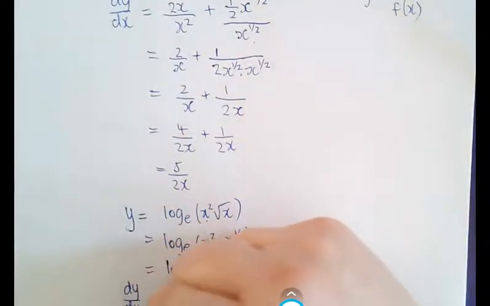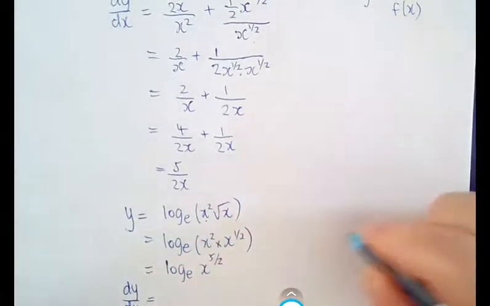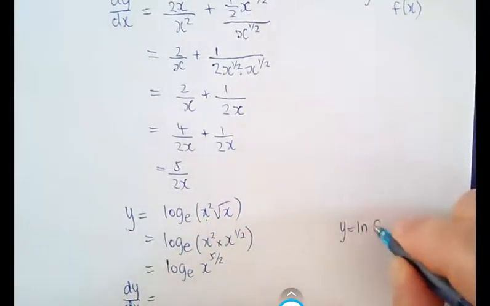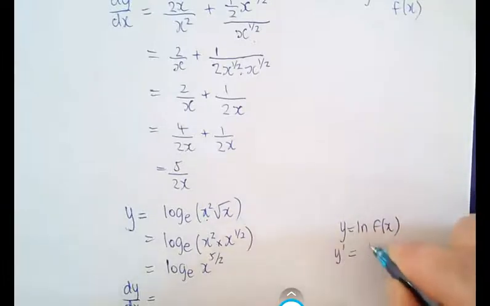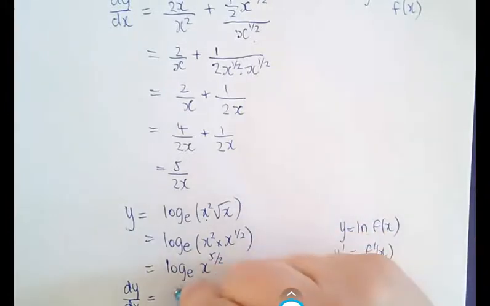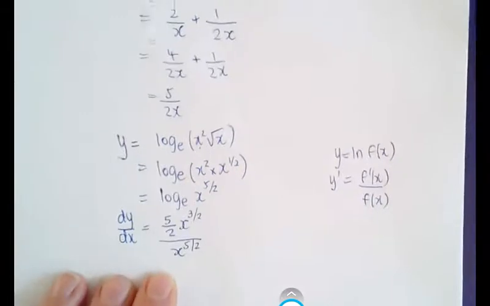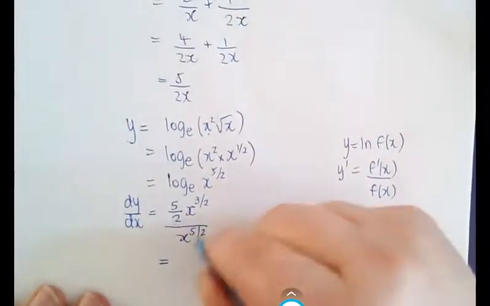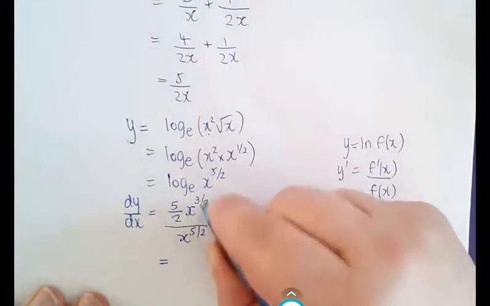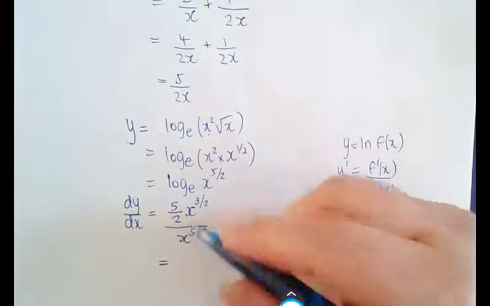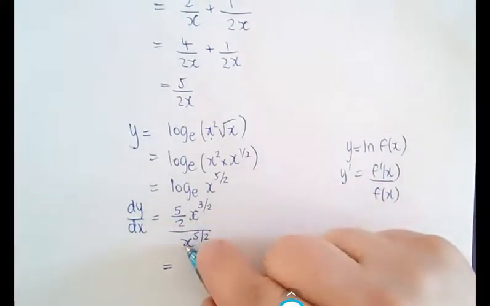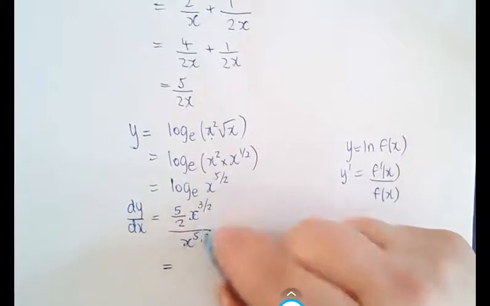So dy dx will be, remember your rule, if y is ln function of x, then the derivative is f dashed x on fx. So we write the derivative of that, which is 5 over 2, bring it to the front. Write the x out, drop the power by 1, over the original function, x to the power of 5 on 2. Now, remember we're subtracting here. When the bases of the indices are the same, you subtract the indices.